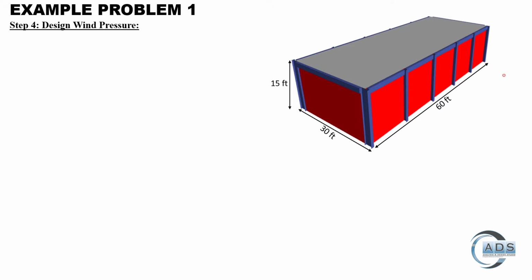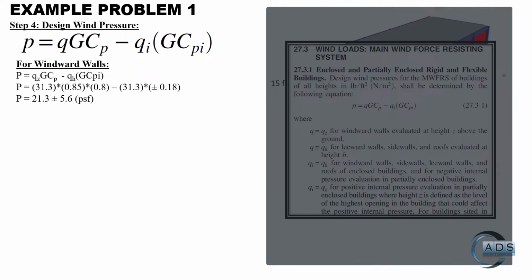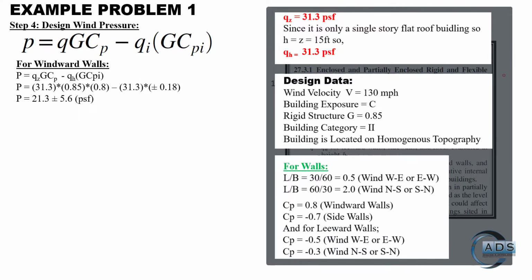The fourth step is to calculate the design wind pressure using this particular equation, where the first term is for the external wind pressure and the second term is for the internal wind pressure. For windward walls, qz is 31.3 times 0.85 G times Cp 0.8.